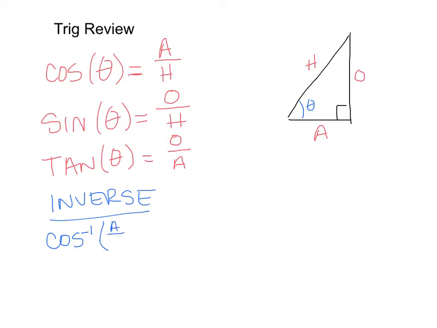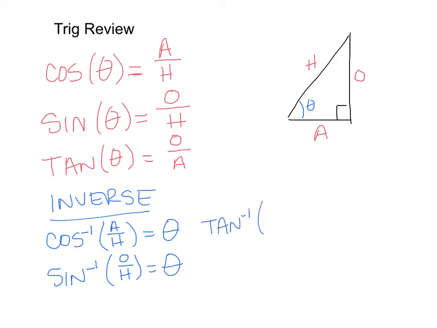So that means adjacent over hypotenuse will get me angle theta. So if we found the inverse sine, again, we're going to switch the input and the output. We're going to have opposite over hypotenuse equals angle theta. We can also do that with the tangent function, which is tangent inverse of opposite over adjacent equals angle theta.